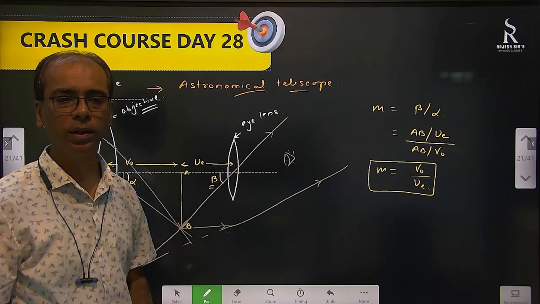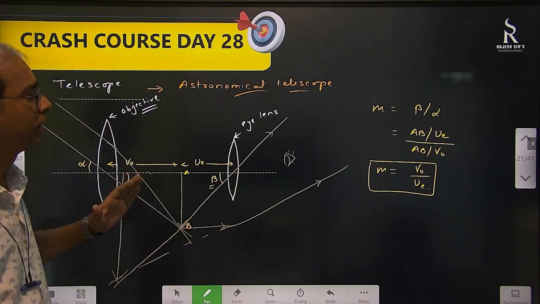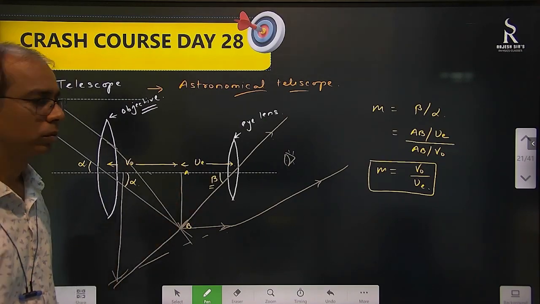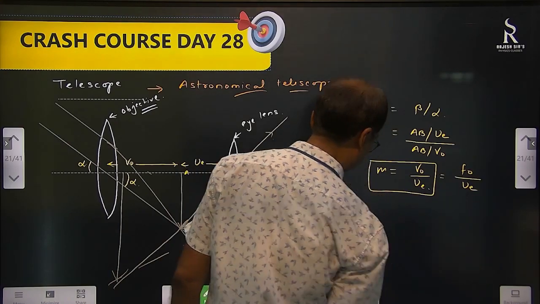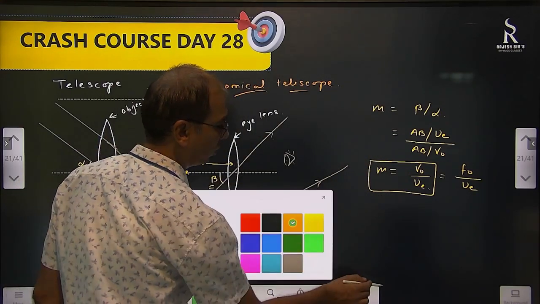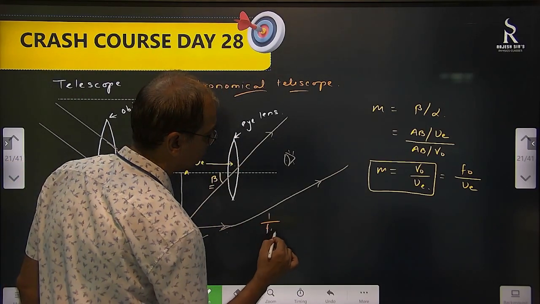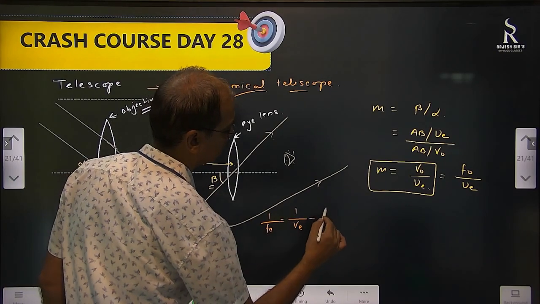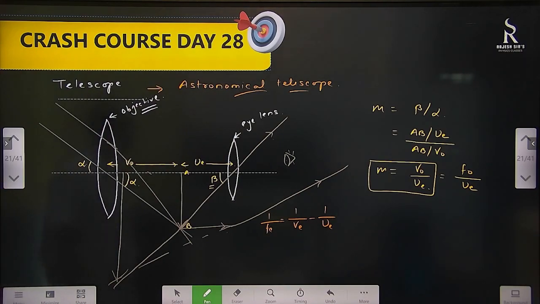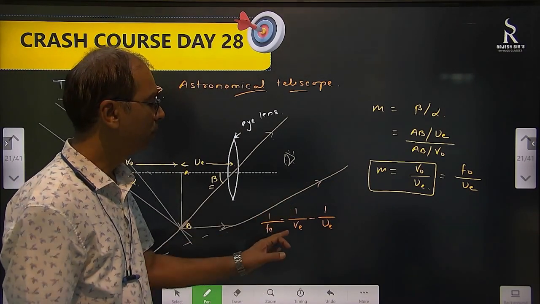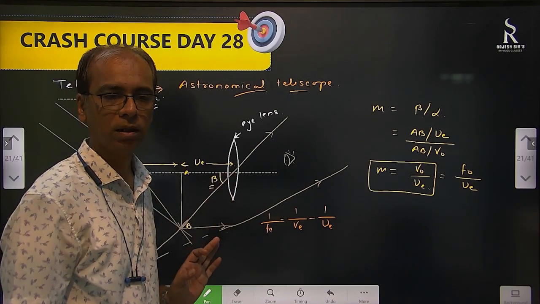Now what more can we do? We can find UE. VO is fine, and what will VO be? Because the rays are coming from infinity, basically VO is FO. Now we will find the UE value. We'll get the formula. This is the eyepiece, so we can write 1 by Fe equal to 1 by VE minus 1 by UE. Now what I want is the UE value. The VE value will depend on where we want the final image, at D or at infinity.